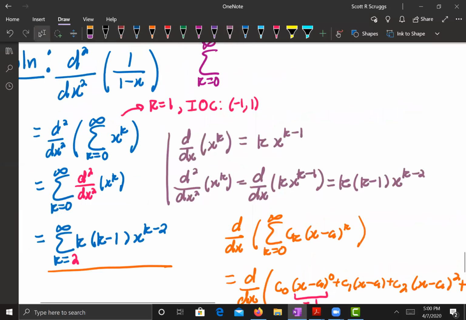So your series has the same radius of convergence, but when I take a derivative or integral of an arbitrary power series, which falls under Maclaurin series as well, I'm not necessarily guaranteed that the endpoint behavior is going to be the same.